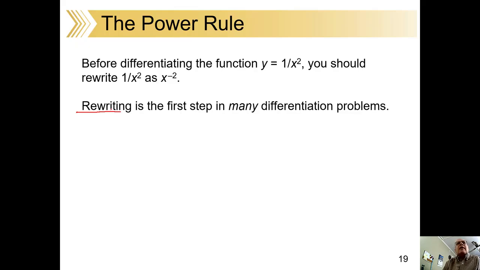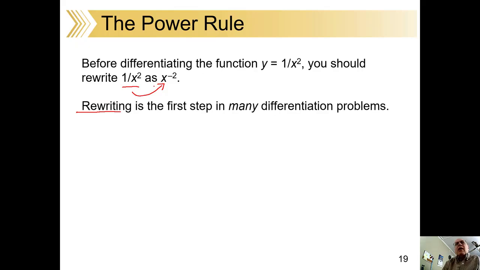So, this function right here does not look like our power rule thing, but if you rewrite this as x to the negative 2, differentiating is a piece of cake. Just bring that negative 2 out front, so you'd have negative 2x, and the exponent, remember, reduce it by 1, or subtract 1 from it.